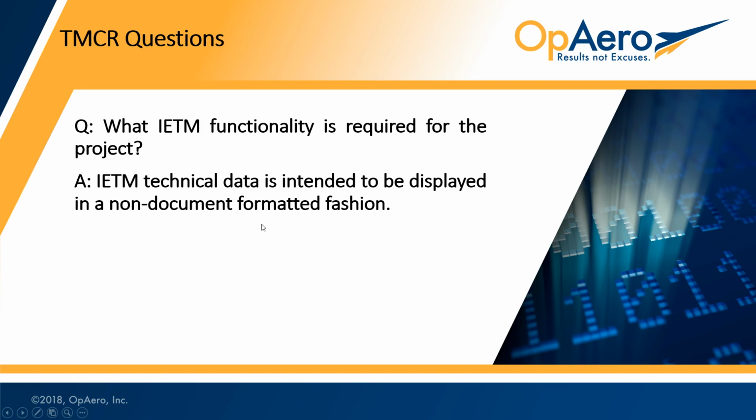So, what IETM functionality is required for the project? Class 4 IETM is a fully functioning interactive pub with some type of viewer attached to it. So the S1000D specification provides for a huge amount of functionality within the XML tags, attributes, that you can incorporate. So those levels of interactivity between the data and the user have to be really defined.